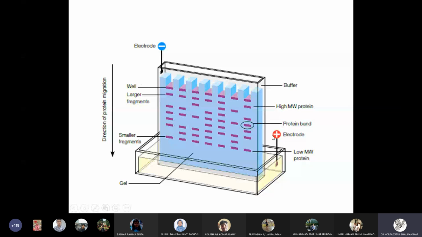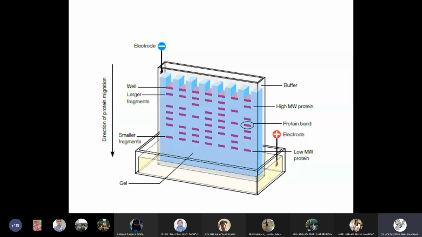The protein will be put in this well. We put the protein here, and because it is at its isoelectric point, it has zero charge.